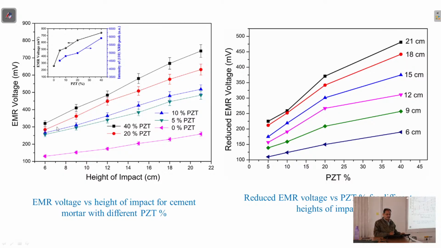As you add 5% PZT, from here we reach up to this point, so a sudden increase is obtained. So using PZT or any other piezoelectric material can enhance the signal obtained to a great extent. We can say close to 2.5 times, even at the height of 6.5 centimeter, as you can see.